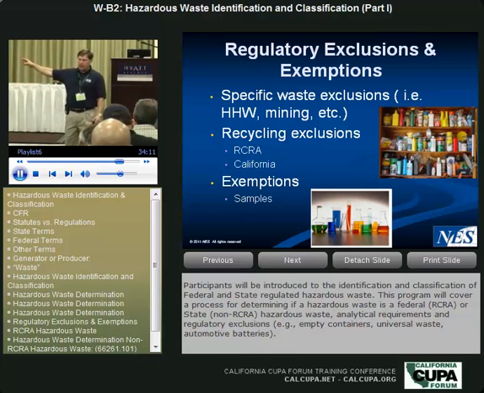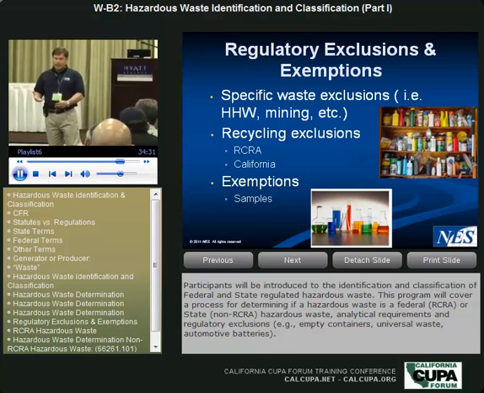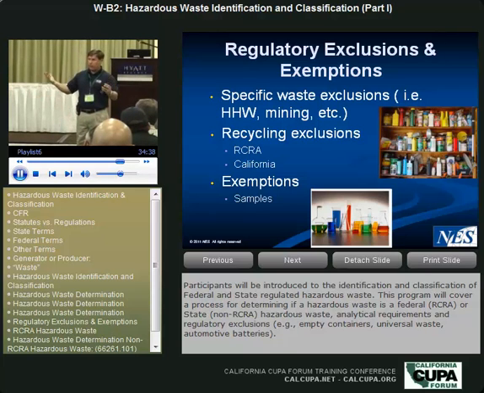But to make life pretty easy for you, if you don't have an exclusion, or if your waste isn't being reclaimed or recycled and reused, either by yourself or another facility, probably it's not excluded. Even oil, other than the new oil exclusion requirements where the transporter tests it, most of that waste that goes out under the consolidated manifest that's a hazardous waste, probably most of those end up being a non-RCRA hazardous waste.